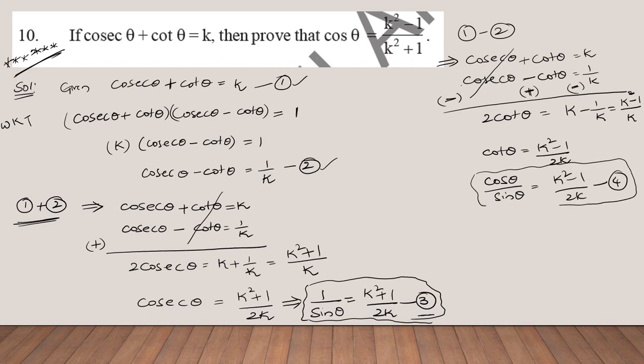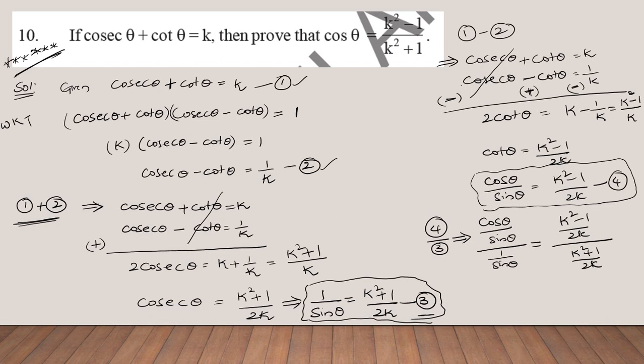Now finally what I am going to do is divide equation 4 by equation number 3. When I divide equation 4 by equation number 3, the left hand side is cos theta by sin theta, and the left hand side of the third equation is 1 by sin theta, is equal to the right hand side of the fourth equation, k square minus 1 by 2k, whole divided by k square plus 1 by 2k.